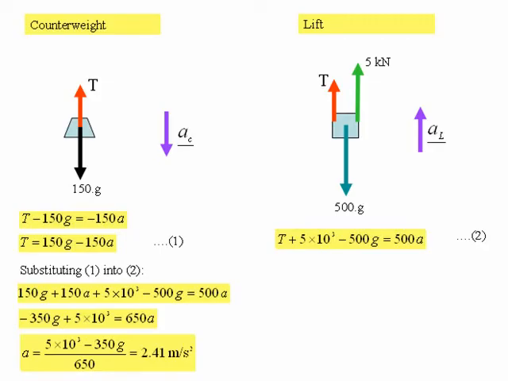The question asked us to determine the velocity at time t equals 3 seconds. To do that, we use one of the kinematic equations. Because we know that V0 is 0, and we substitute t equal to 3 seconds into V equals V0 plus AT, that gives us finally 7.2 meters per second.